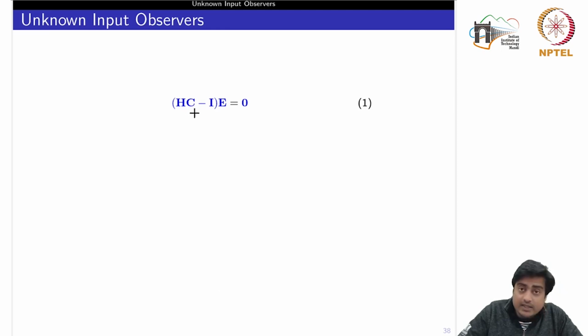So first of all, we'll take the first equation, which is HC minus I, where I is an identity matrix, by the way, HC minus I times E is equal to 0. First we will see whether the solution of this equation exists and what would be the solution of this equation.